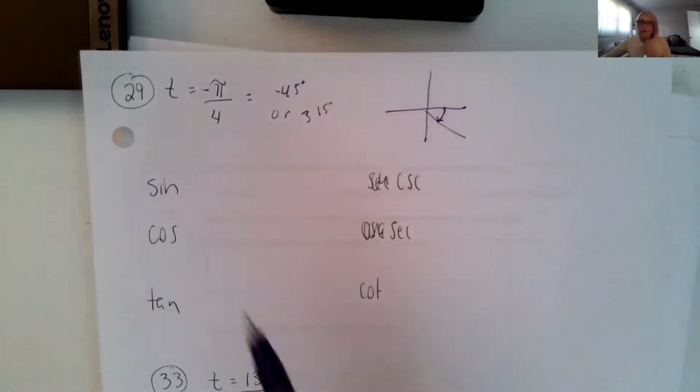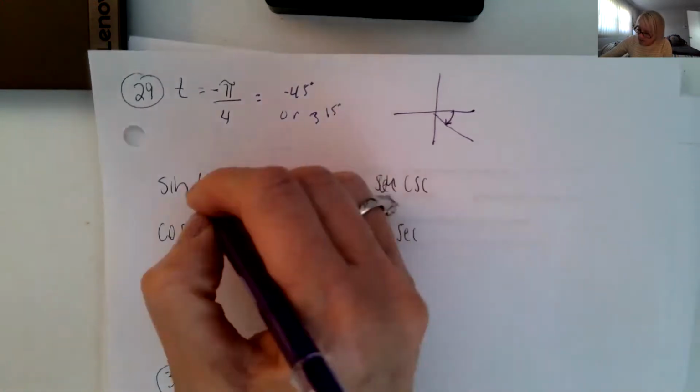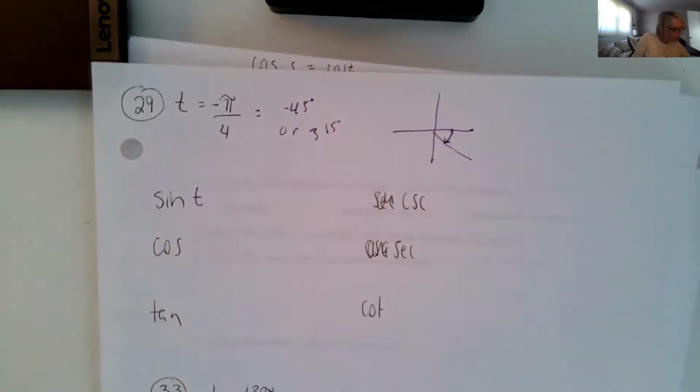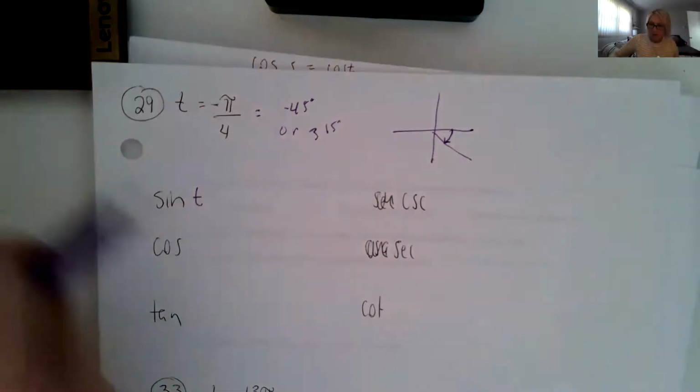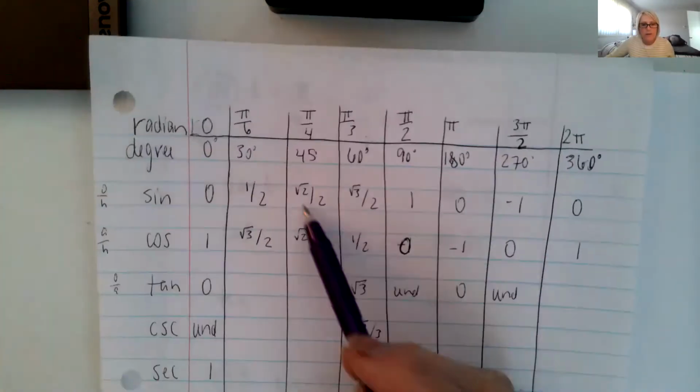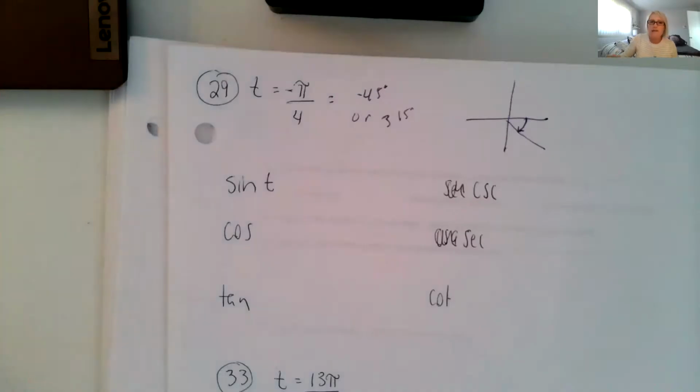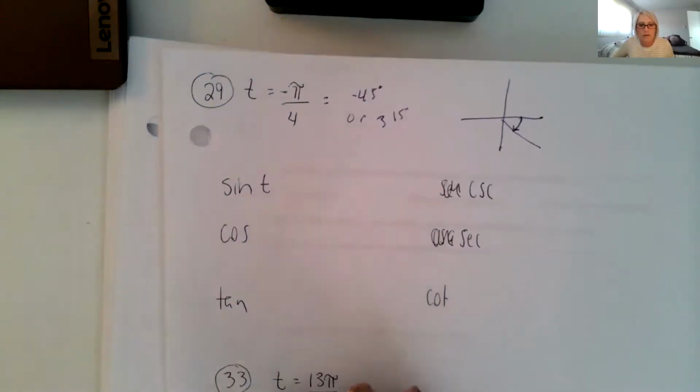So at this point, at 45, we can see in our book that sine and cosine are square root of 2 over 2 because they make an isosceles triangle. So let's go investigate this here for a moment.